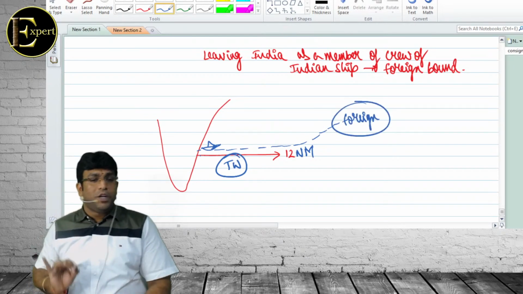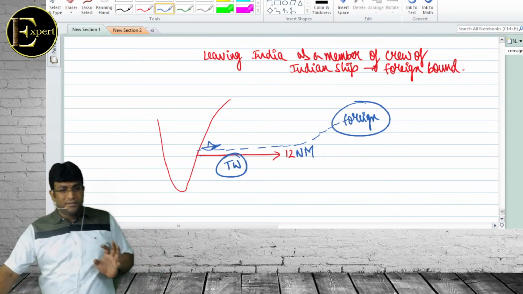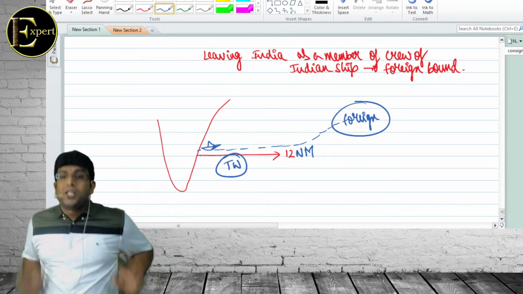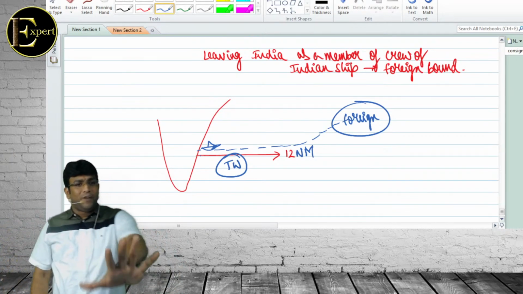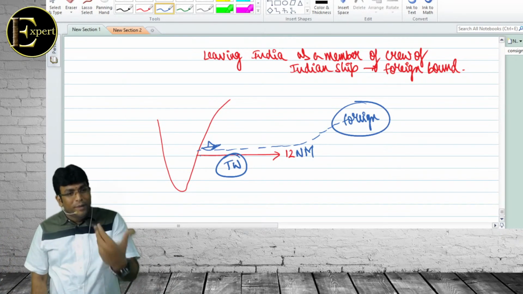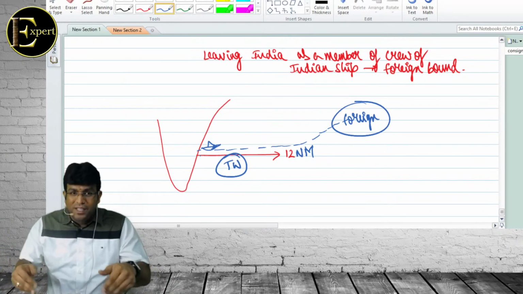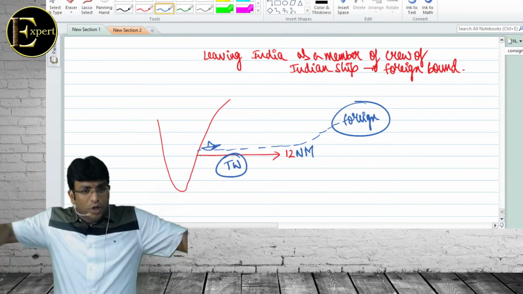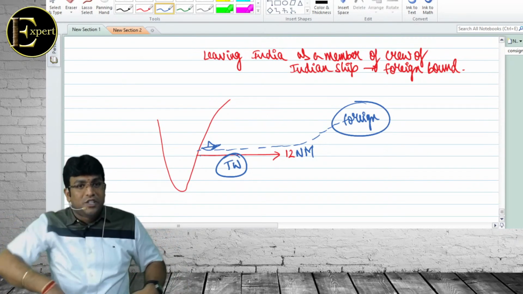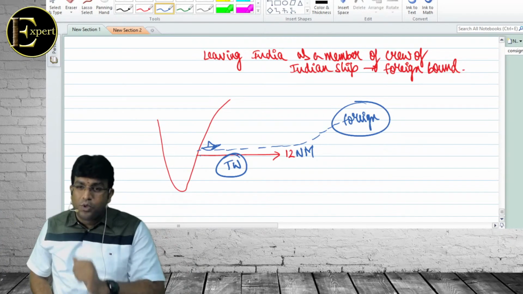Now my straight question to you, till the time the ship crosses territorial waters, is it in India? Yes. Wonderful. So you mean to say that till the time you don't cross territorial waters, that ship is in India. When that ship is in India, that fellow also is in India. But tell me, on the border of territorial waters, are income tax officers standing and checking, ये ship कब cross कर रहा है? Is it practically possible for them to check?